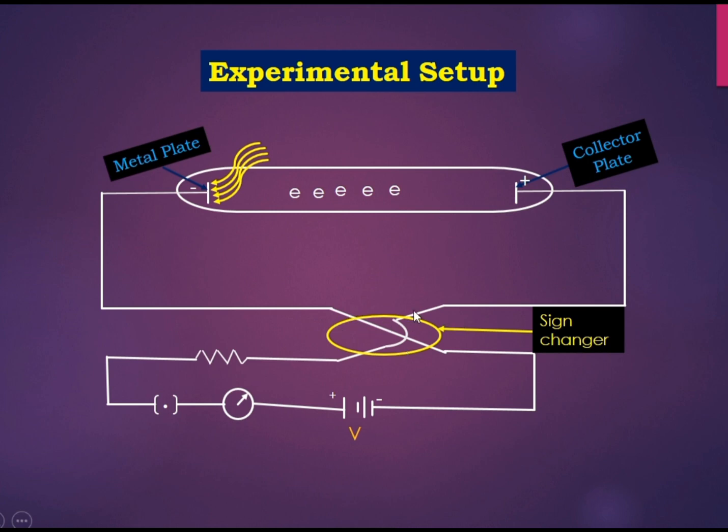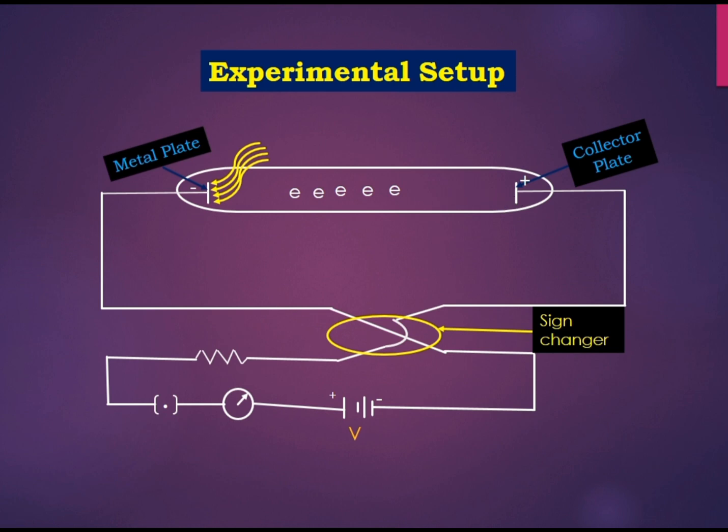When we invert the terminals, or when we connect this metal plate to the positive terminal and this collector plate to the negative terminal, the electrons will get repelled from this collector plate. The potential which is required so that the electron, even with the maximum kinetic energy, cannot reach this collector plate is called the stopping potential.